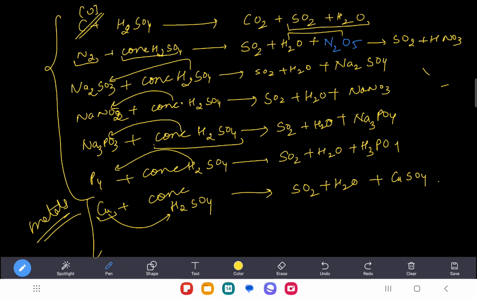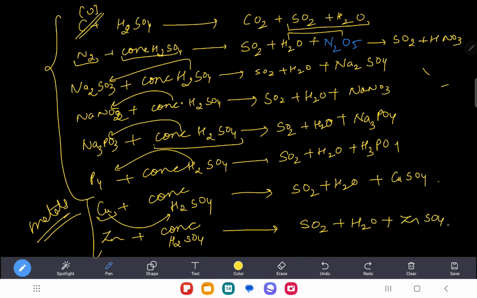Yeah. So this is how these reactions are basically formed. For example, if I give you zinc plus concentrated H2SO4, definitely SO2 is being formed, water is being formed and nascent oxygen is being formed, but it is also forming ZnSO4. Do you understand how the reactions are basically taking place?